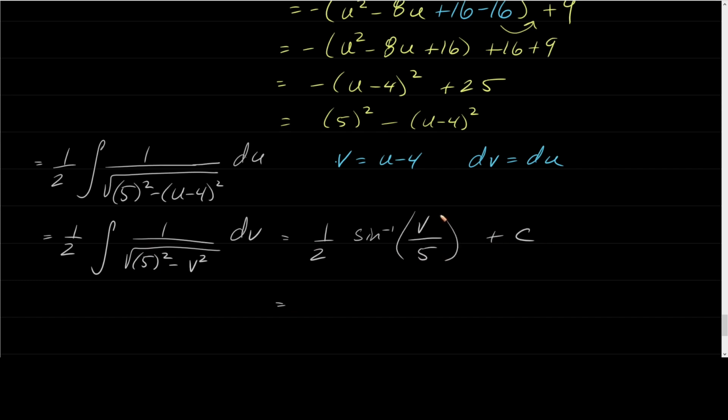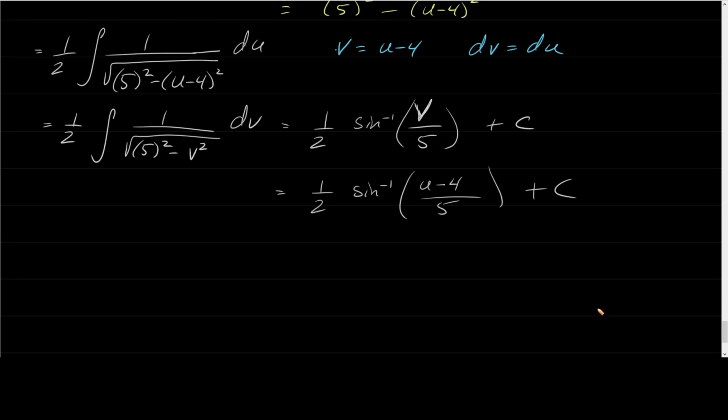But the problem wasn't about this v. We had no problem with the v there. The problem originally was about u. So I have 1/2 sine inverse of, instead of v, a u minus 4 over 5, plus c.